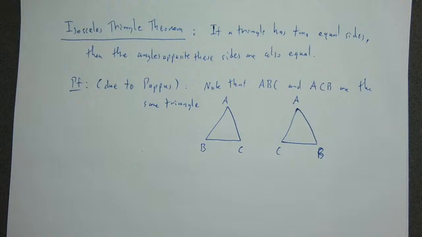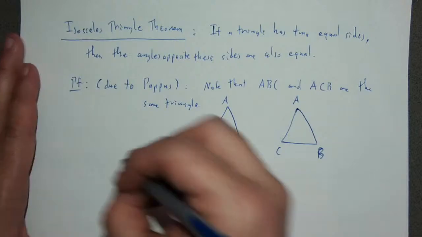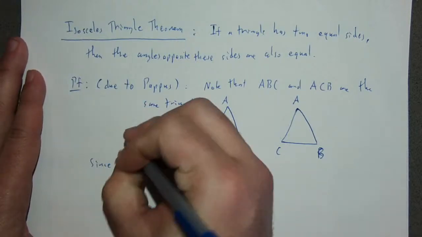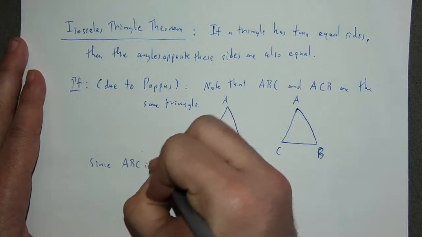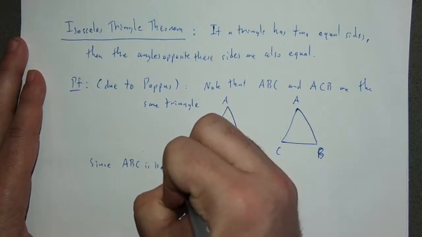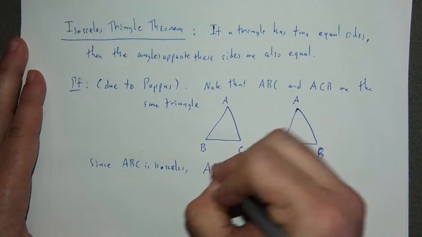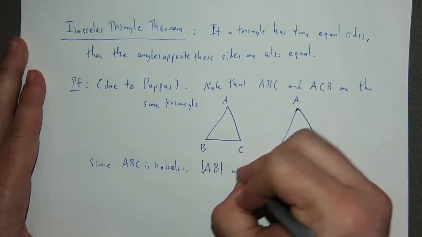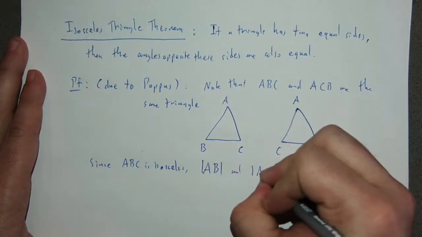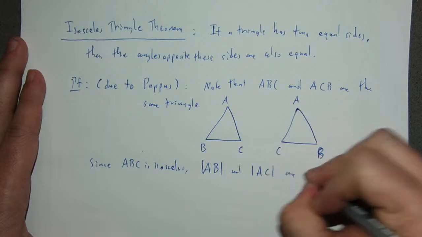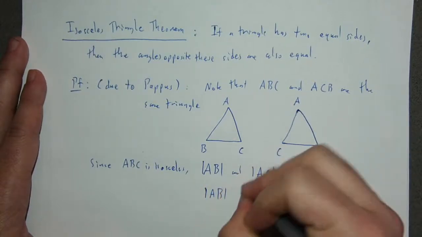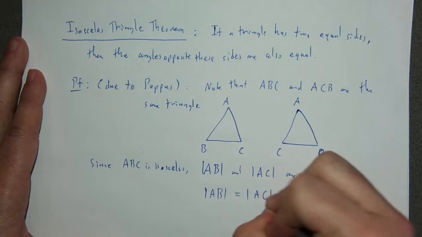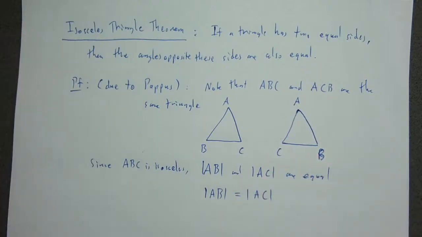Okay. Well, since ABC is isosceles, the length of AB and the length of AC are equal. Writing it less stupidly, these two side lengths are equal. Right? Okay.